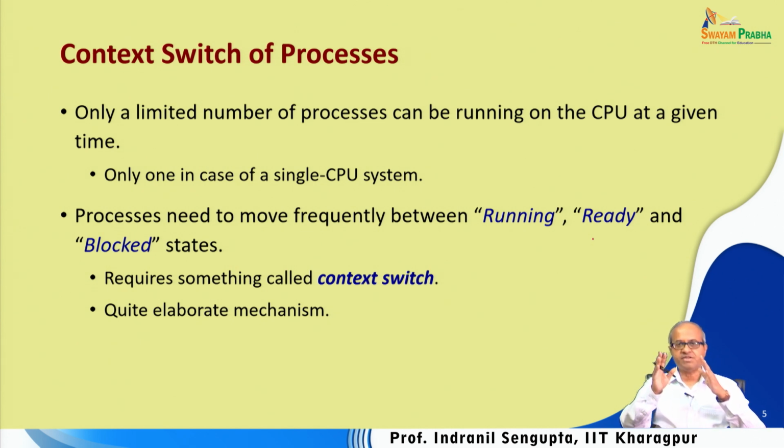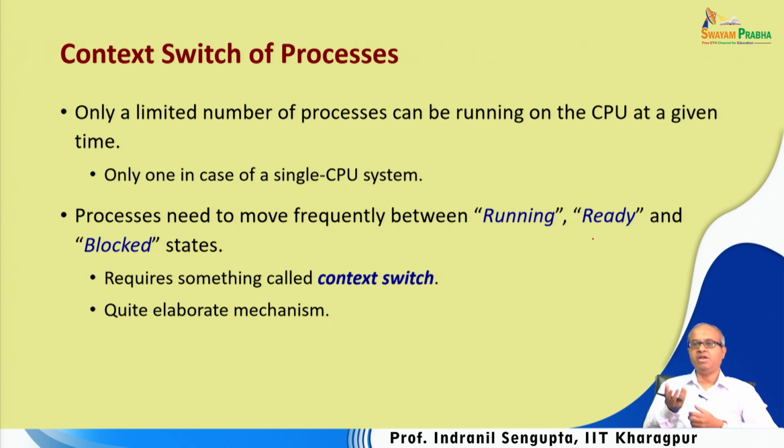This context switch is a very important part of these process state transitions, because depending on the number of CPUs that are there in the system, only a limited number of processes can be in the running state. Limited number of processes can be running at a given time.